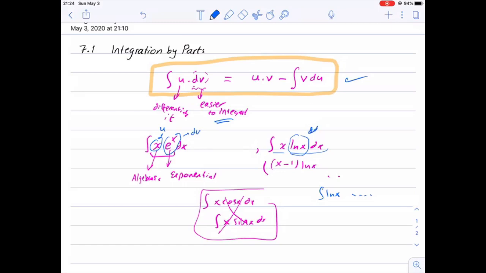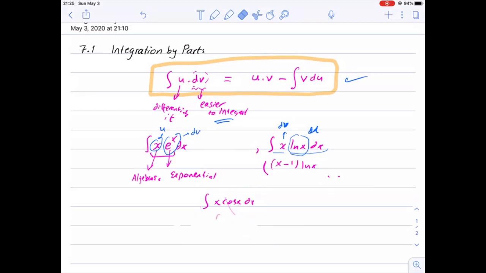If we let ln x be u and x be dv, then this becomes easier because we want to differentiate u. What is the derivative of natural log of x? It's 1 over x. So this is very easy. So we choose dv depending on which part is easier to integrate, and then the other part will be u.